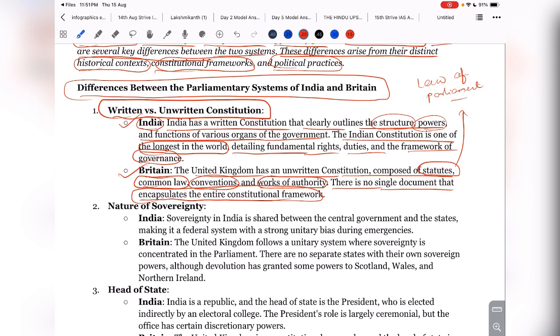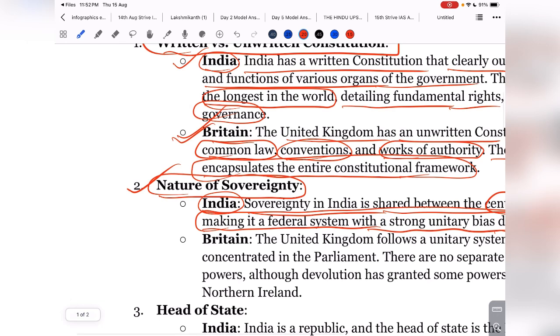Next, nature of sovereignty. In India, sovereignty is shared between the central government and the states, making it a federal system with a strong unitary bias during emergency. In India, as you might be knowing, power is divided among the central list, state list and concurrent list.